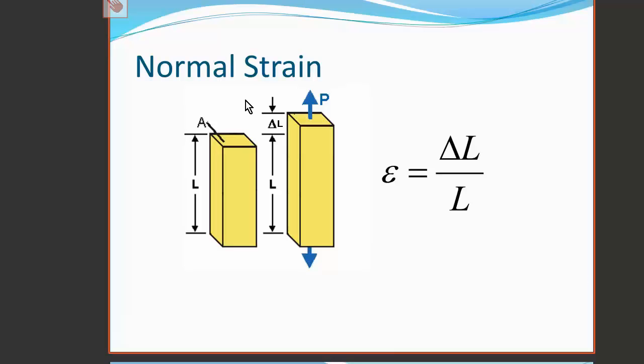In the case of normal strain, where the change in length is along the direction of the applied force, the normal strain, given by the symbol epsilon, is equal to the change in length divided by the original length, and the change in length is the change in length that occurs as we apply a force to a material. So all materials stretch by a very small and often imperceptible amount, but sometimes it is perceptible. Obviously with a rubber band you can see it quite clearly.